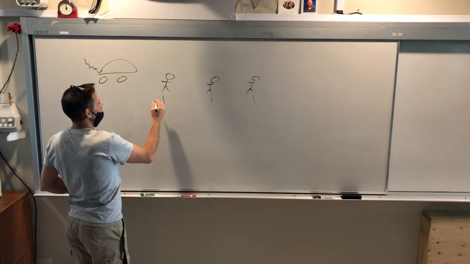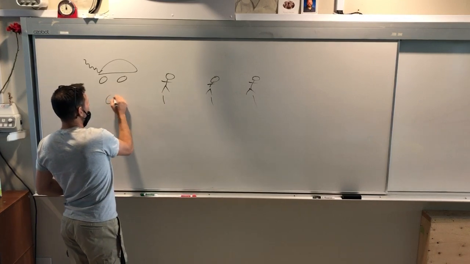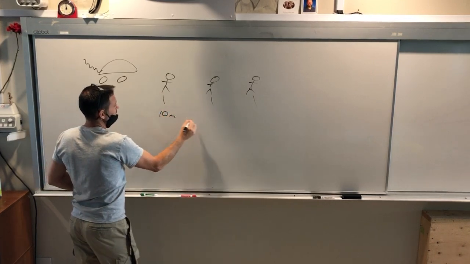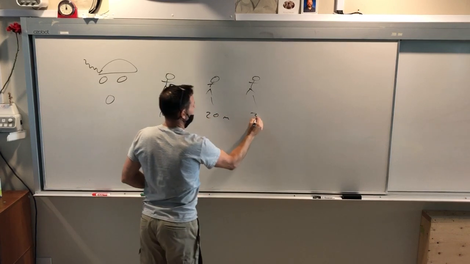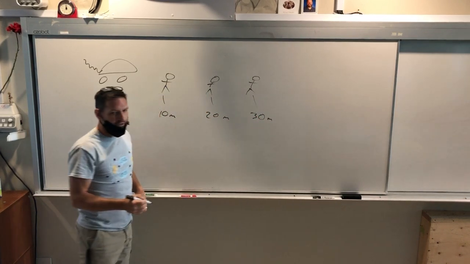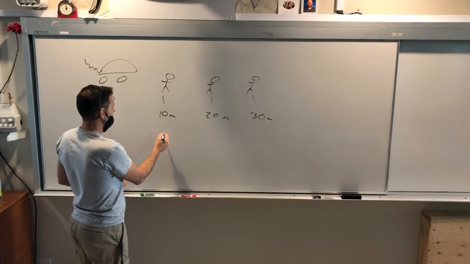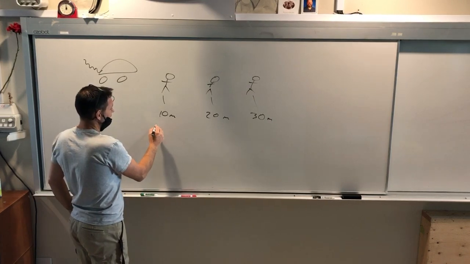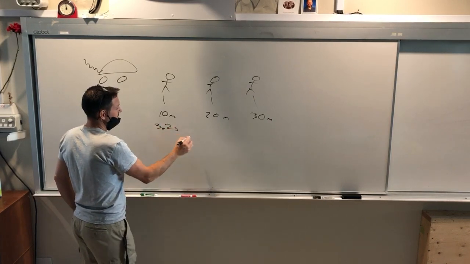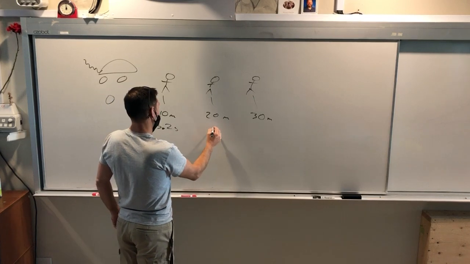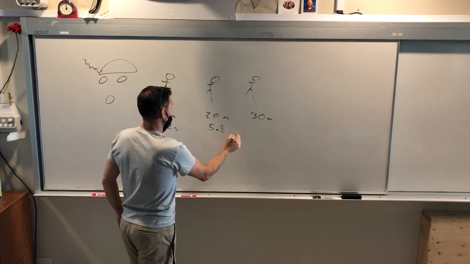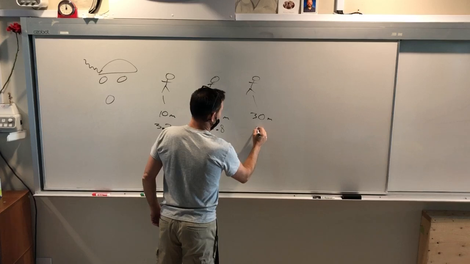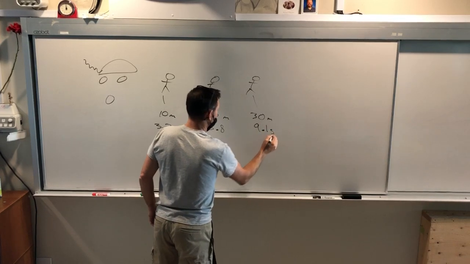So let's say we measure this out, and from where we start, we have 10 meters and 20 meters and 30 meters. Okay? And let's say this takes 3.2 seconds, and this takes 5.8 seconds, and this takes 9.1 seconds.